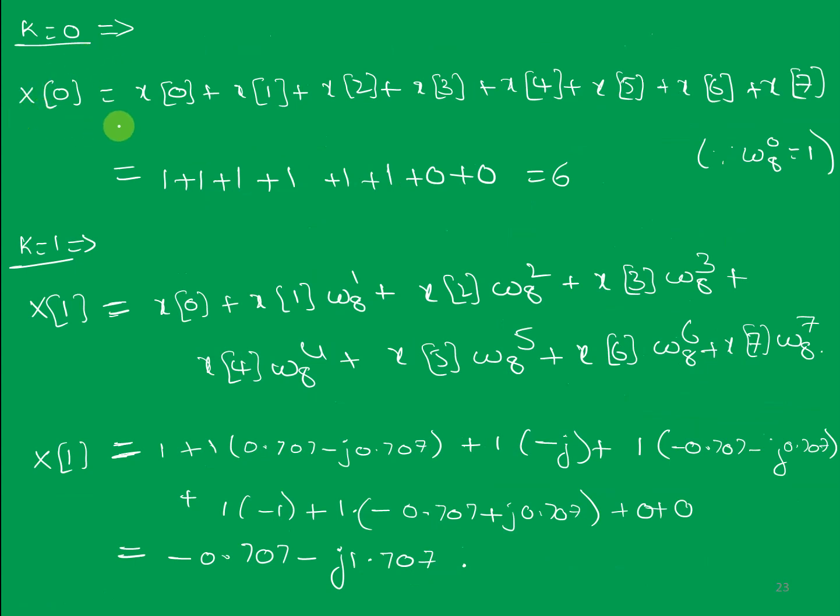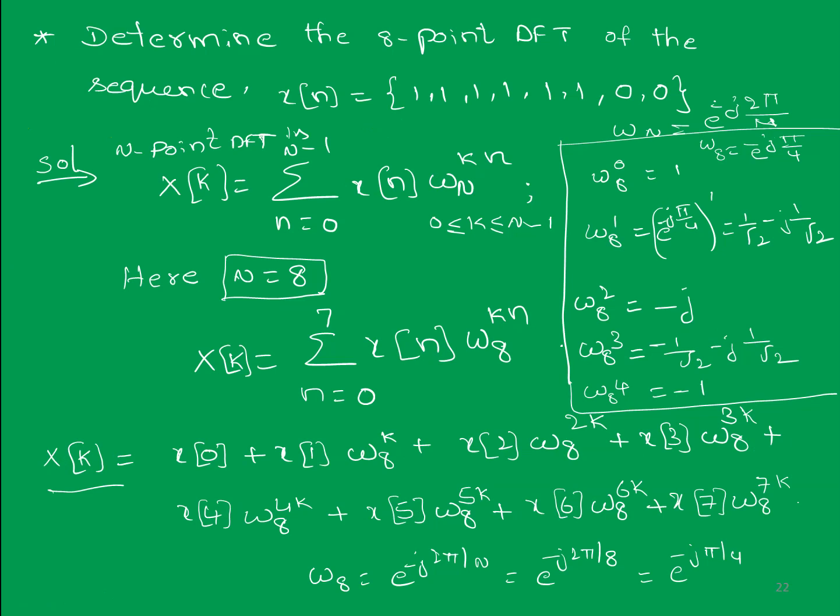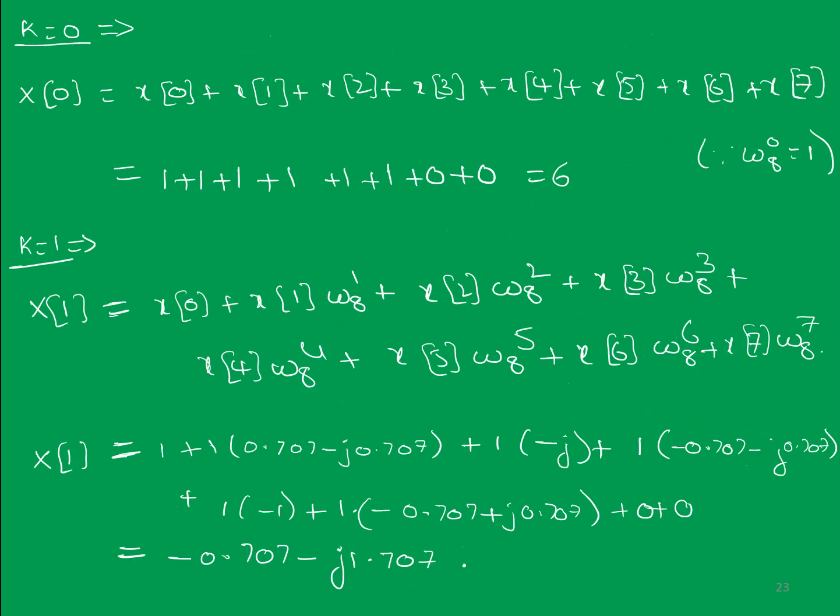X of 0 is equal to x of 0 plus x of 1 plus x of 2 and so on up to x of 7, since the multipliers W_8 power k, W_8 power 2k, W_8 power 3k all become W_8 power 0, which is 1. Now substitute the given sequence here, and you can get 6.